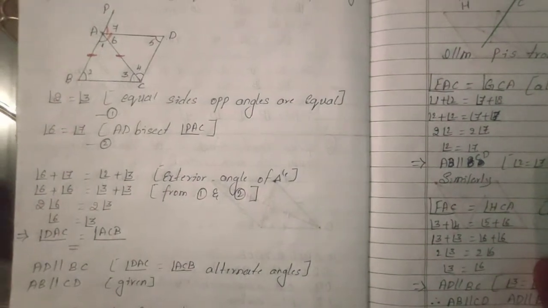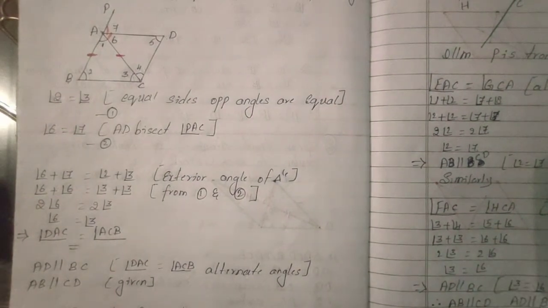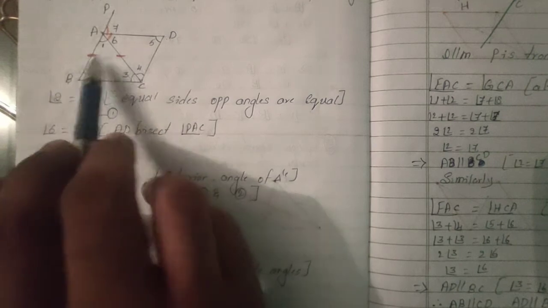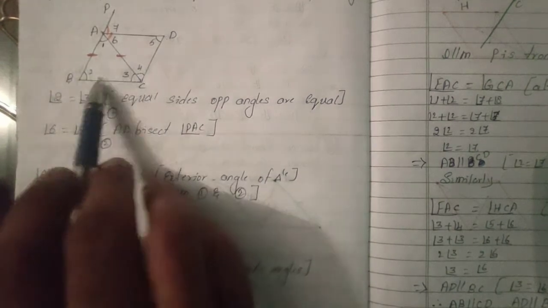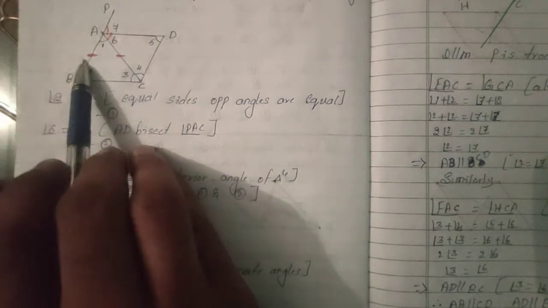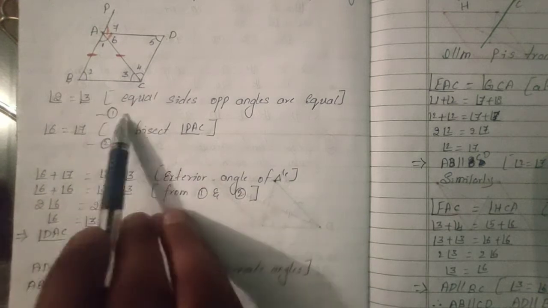Okay. Now what are the things we know? Let us write. These two sides are equal, so opposite angles are equal. Isosceles triangle means the angles opposite equal sides are equal. Equation 1.